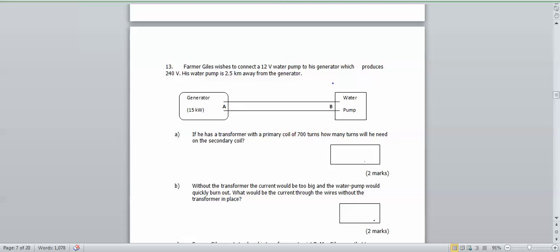Okay, let's do this question 13. A farmer Giles wishes to connect a 12-volt water pump, produces 240 volts. His water pump is 2.5 kilometres away from a generator. If he has a transformer with a primary coil of 700 turns, how many turns are needed on the secondary coil?